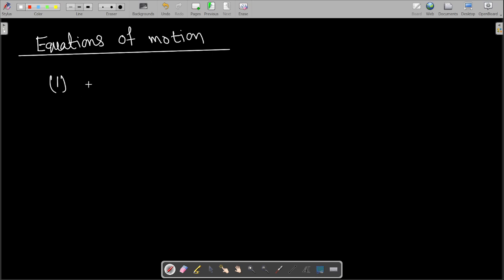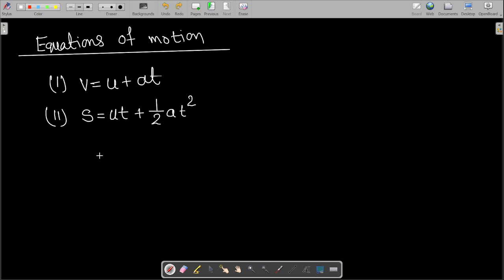So there are mainly three equations. The first one, all of you know about it, I think. That is v is equal to u plus at. And the second one is s is equal to ut plus half at square.